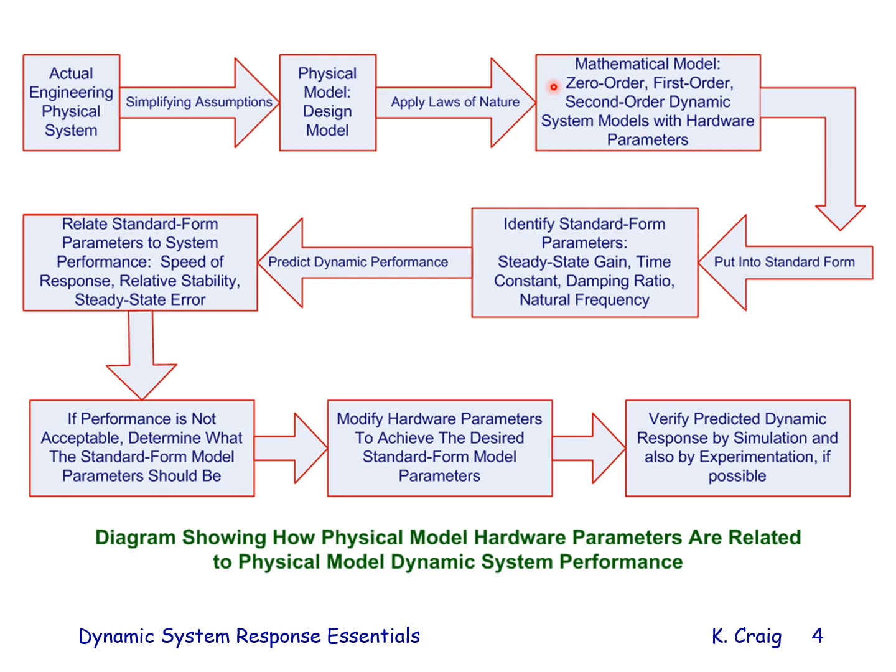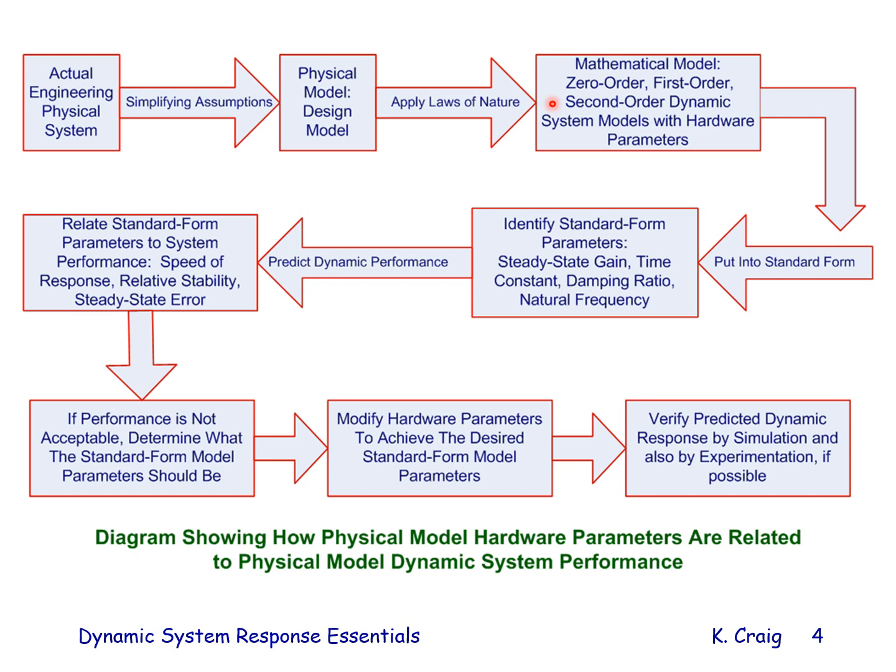The mathematical model will be zero order, first order, or second order ordinary differential equations. Higher order models may result, but usually they can be represented by combinations of zero, first, and second order dynamic system models.